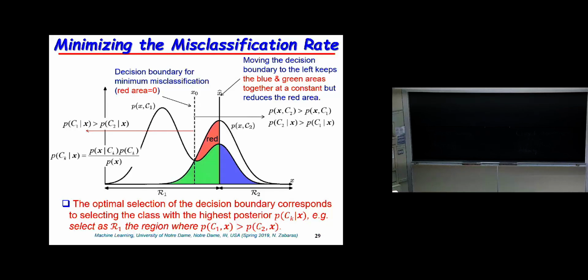And effectively, we said the optimal classification boundary is the one where the region that you declare to be class 1 is the region where, I'm sorry, the posterior of C1 given x is greater than the posterior of C2 given x. If this is the optimal boundary, you notice to the left, everywhere here, the posterior of C1 given x is greater than the posterior of C2 given x.